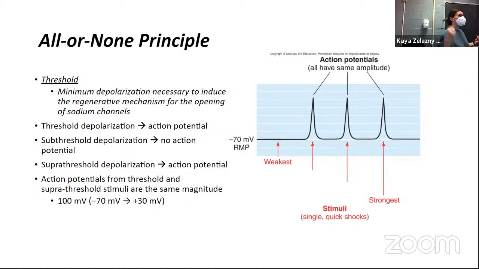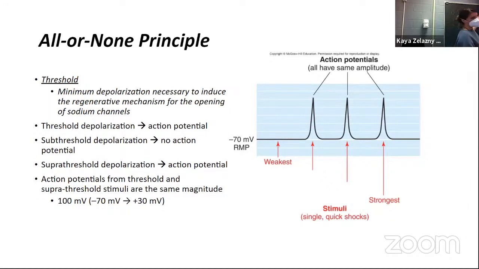You could have lots of stimuli coming in or really strong stimuli. And say those graded potentials add up together and they get us to -40 or something. That would be a suprathreshold depolarization. And that can happen. But it doesn't make your action potential bigger. It still just kicks off an action potential. We're going to spike to the same +30 as always.